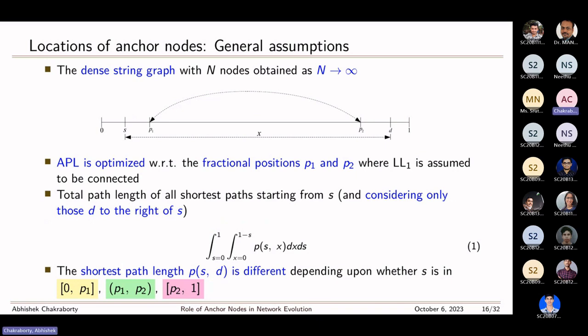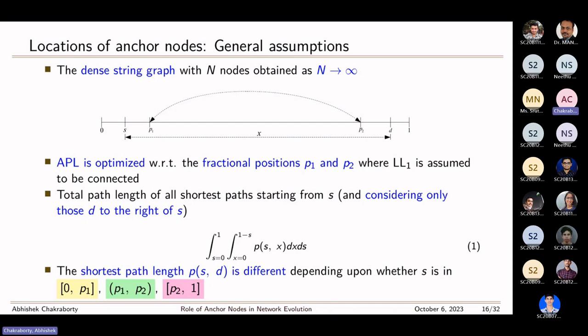Here what we are actually doing, let me explain. We have taken a unit length string where we are assuming P1 and P2, just follow the graph, to be the optimal points or anchor nodes where the first link is added.